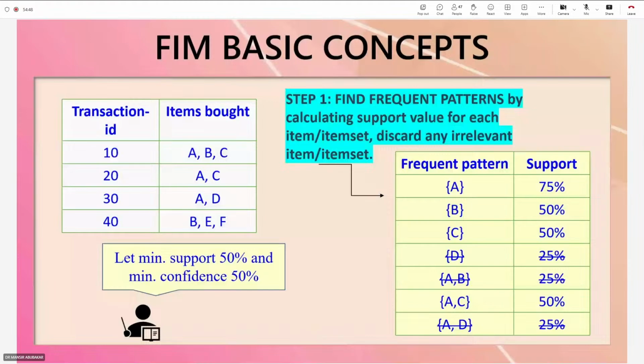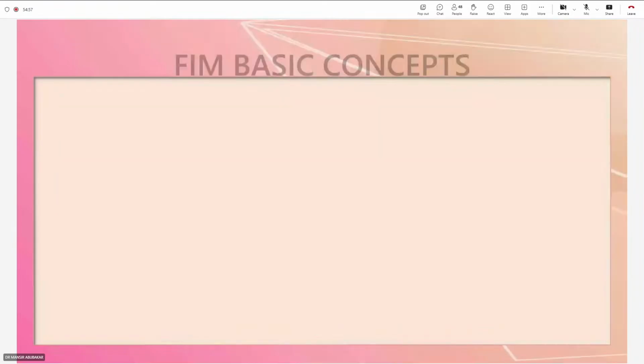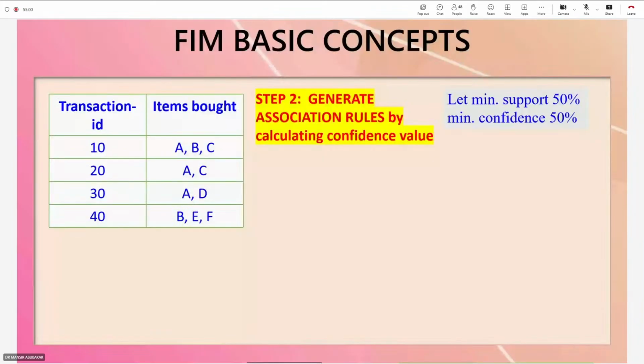The condition says it must be 50% and above. So anything less than 50% is not considered. That is for the 1 item set and the 2 item set.